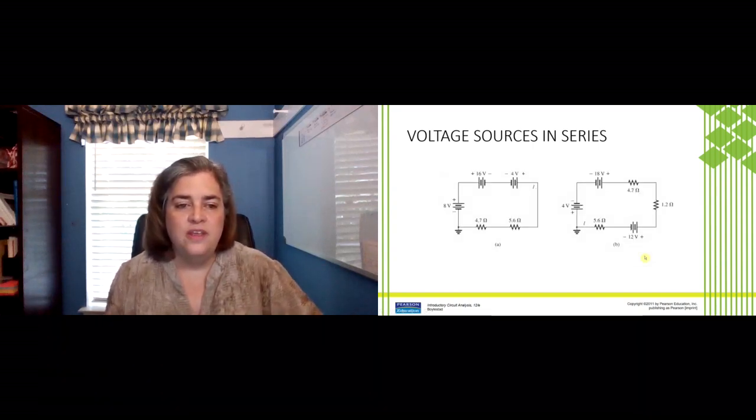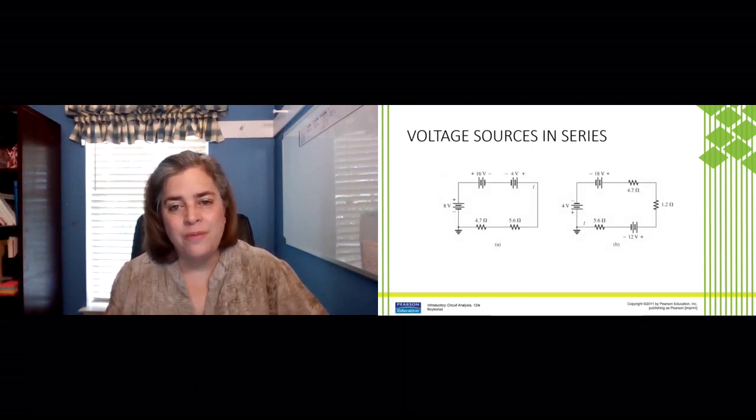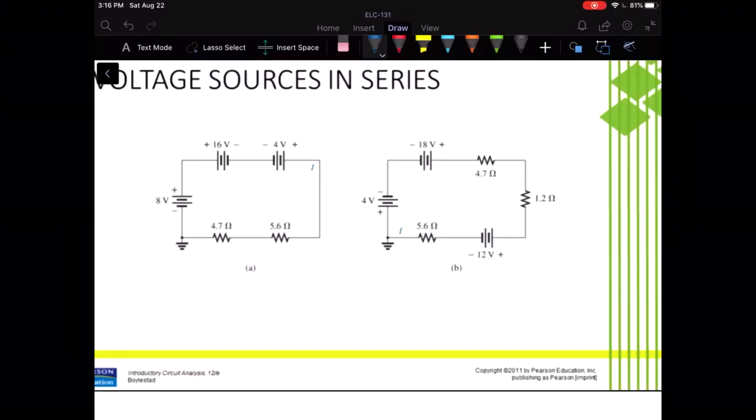Okay, in this case, let's work a couple of problems and see how this works. Let's look at our voltage sources in series here and see if we can calculate our current after we combine our voltage sources and resistors in each of these circuits. In the first circuit, we have the 8-volt source, the 16-volt source, and the 4-volt source.